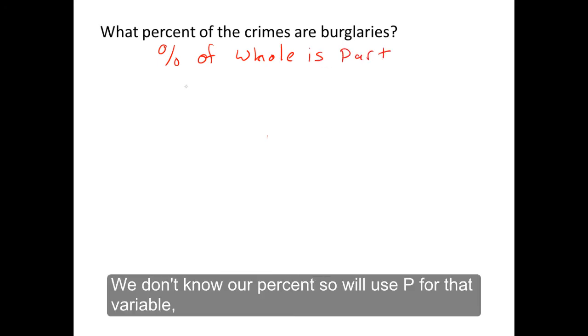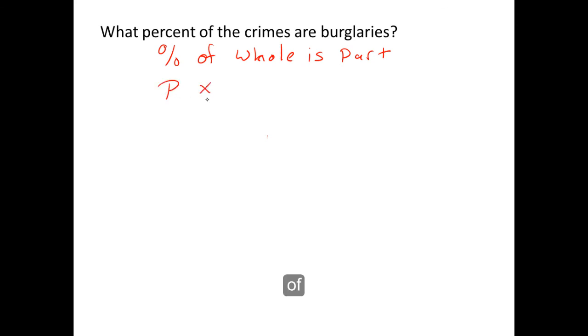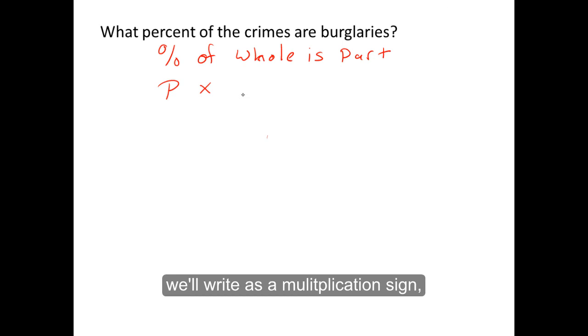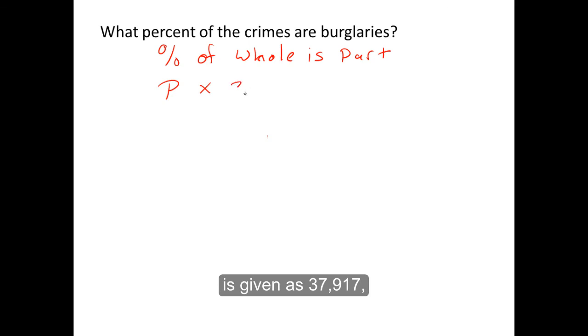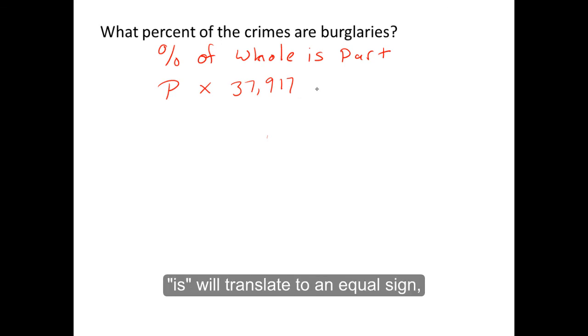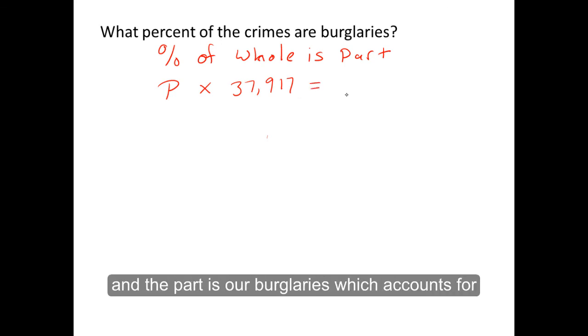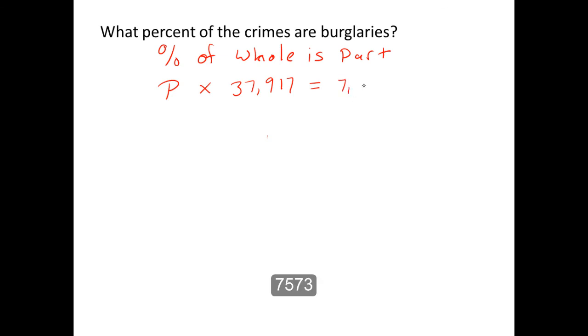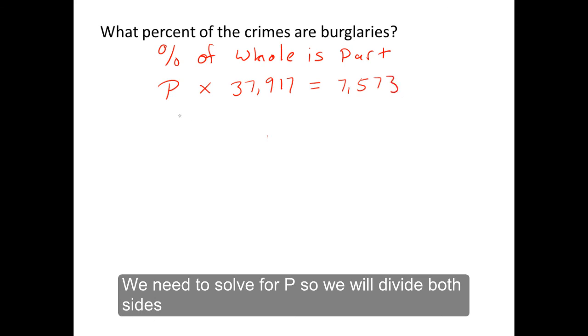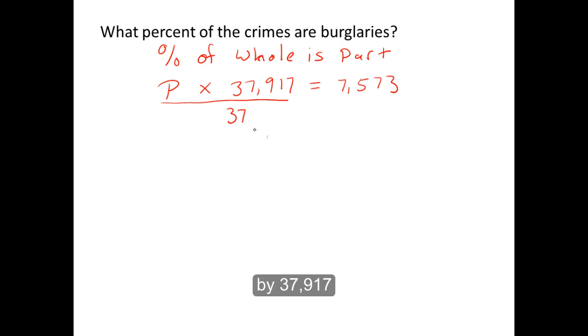We don't know our percent, so we'll use P for that variable. Of, we'll write as a multiplication sign. The whole, or total crimes, is given as 37,917. Is will translate to an equal sign, and the part is our burglaries, which accounts for 7,573. We need to solve for P, so we will divide both sides by 37,917.